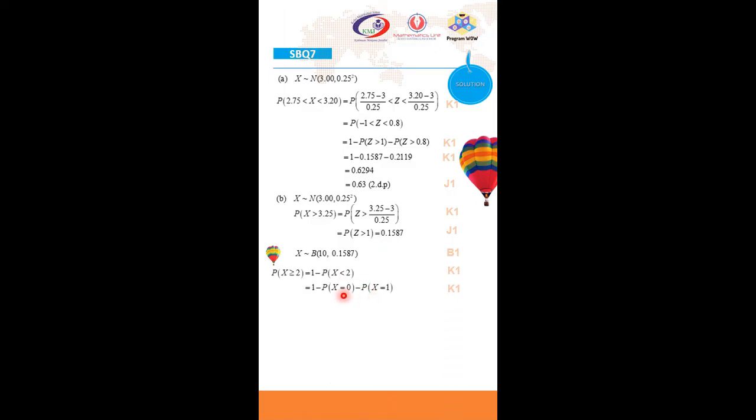So we sum 0 and 1, and we subtract from 1. We cannot use the table because 0.1587 is not in the binomial table. So that's why we have to change into the formula. So 1 minus P(X equals 0) minus P(X equals 1).